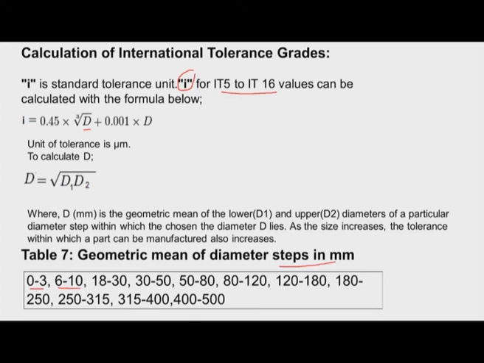The first number is D1 and the second number is D2. So if we have a diameter of 25, it falls within the step of 18 to 30 millimeter, then D1 becomes 18 millimeter and D2 will be 30 millimeter. Then using this relationship we can find the geometric mean D.